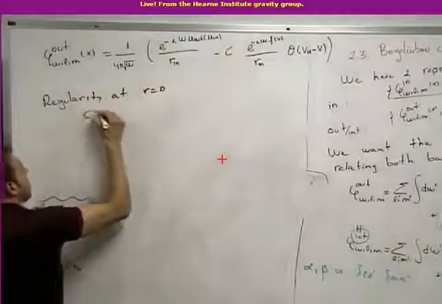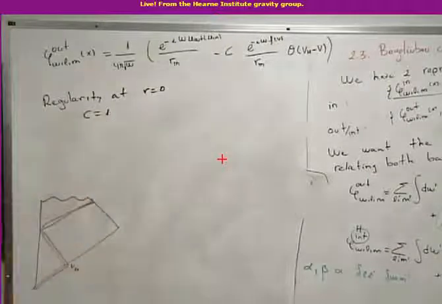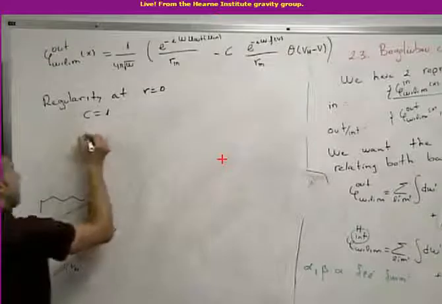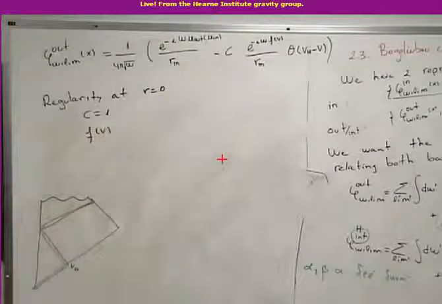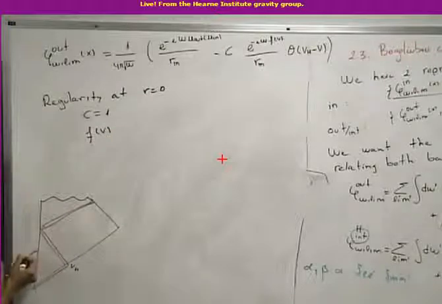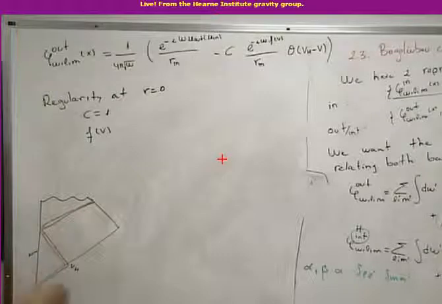First of all, c must be 1, already from the normalization. And regarding regularity, remember that this line, r equals 0, is u in equal to v. This is what r equals 0 is.